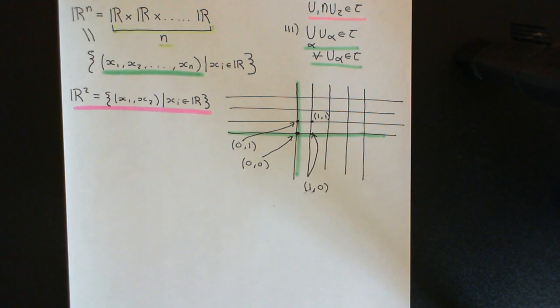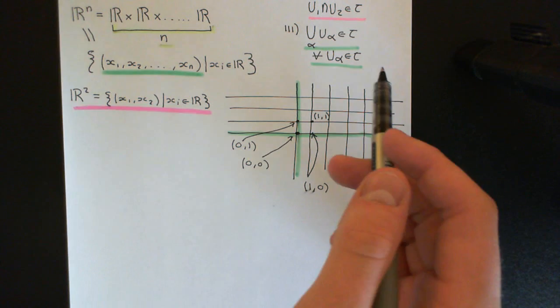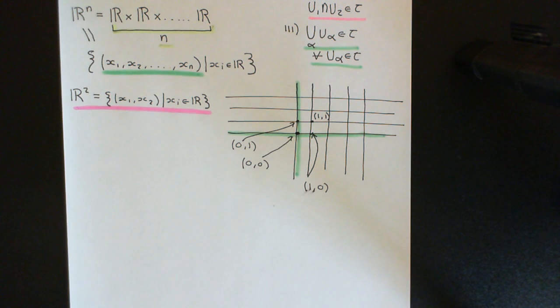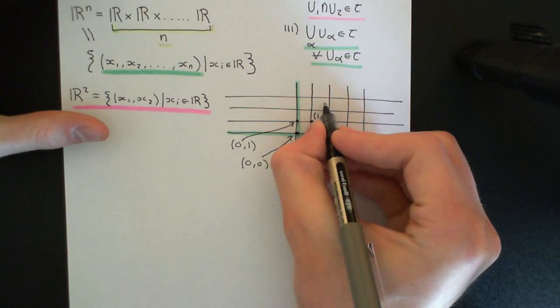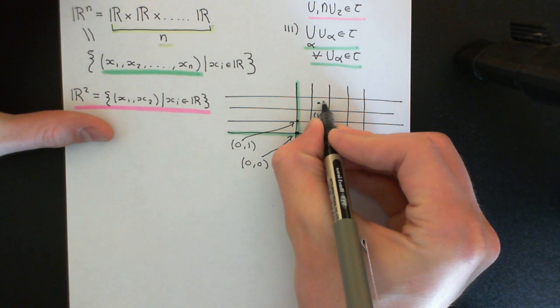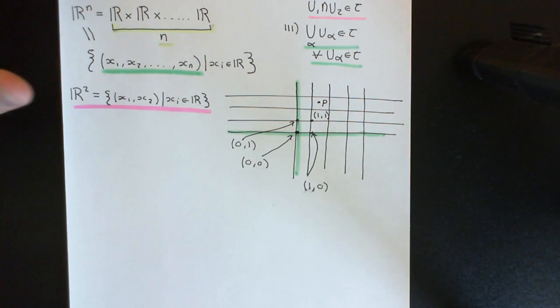Okay, so you might be wondering, well, what is the sort of topological structure on the two-dimensional plane? Well, here's where I'm going to give you some informal intuition. So this isn't going to be rigorous at all, but this is my informal intuition for the topological structure on the two-dimensional plane. Okay, so if we take a point in our two-dimensional plane, so let's have a point here.